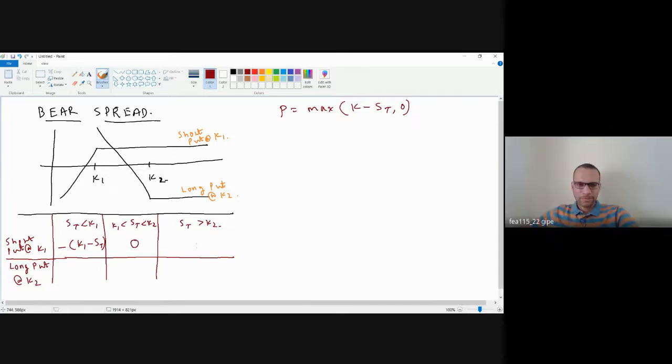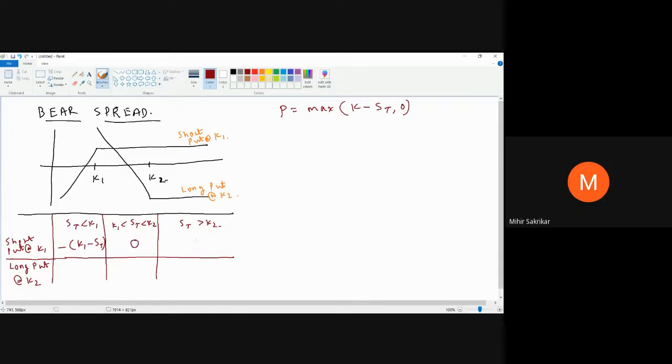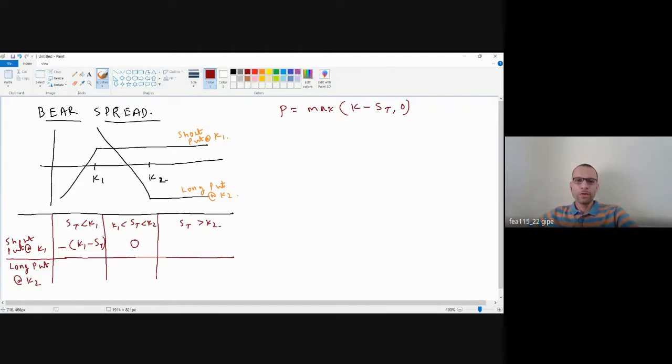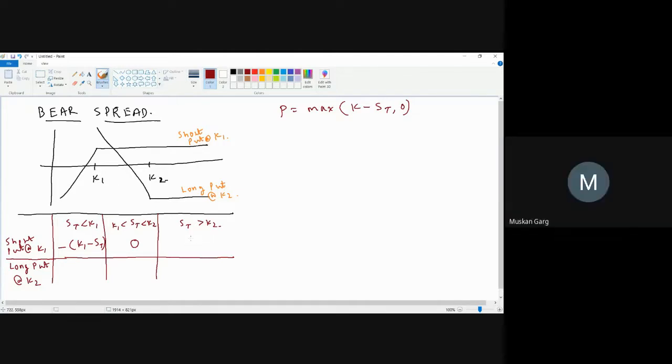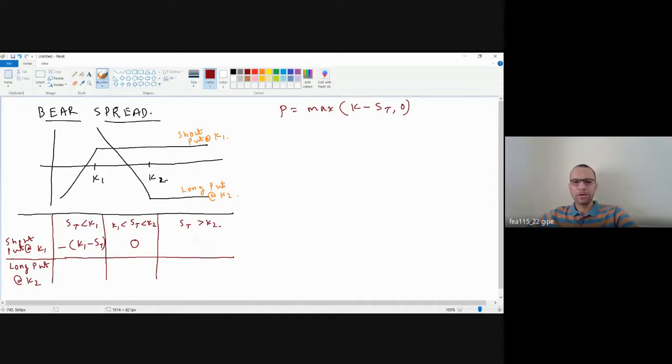And the last region? I'm talking of a put only, so it will be 0. Correct. Because I'm using the same payoff condition: ST being greater than K makes this quantity negative, so it will be max of a negative number or zero. That's why I get a zero.